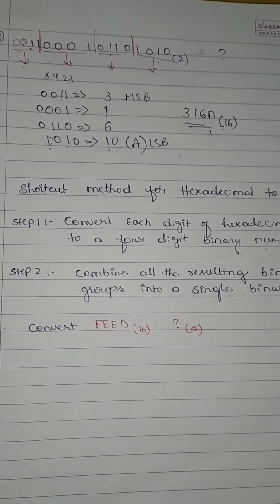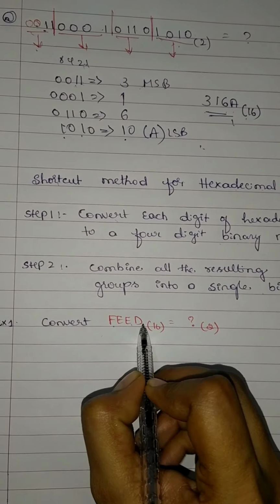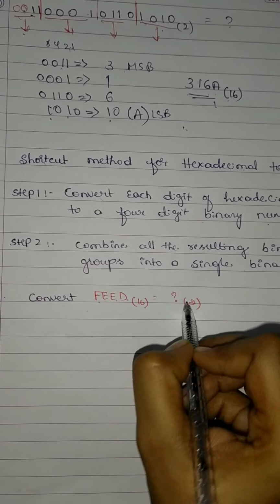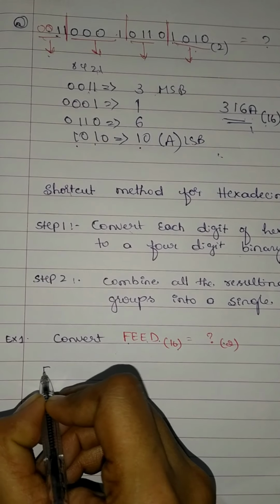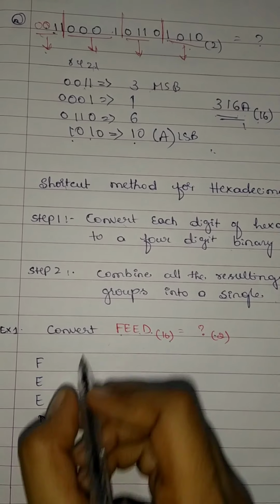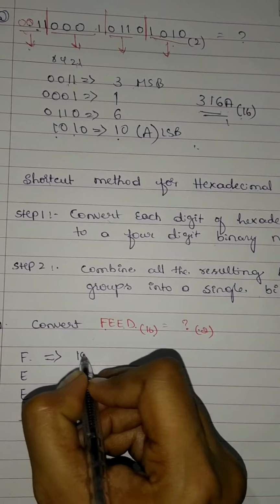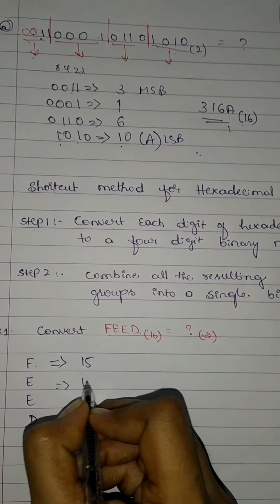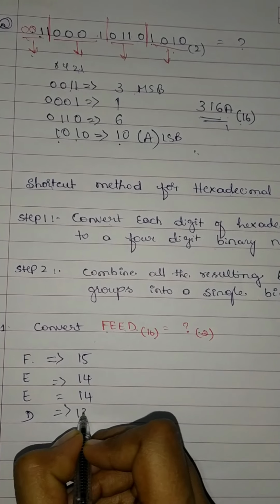We have a question like FEED of base 16, which needs to be converted into binary. First we take all the given digits or alphabets. F is 15, E is 14, another E is 14, and D is 13.